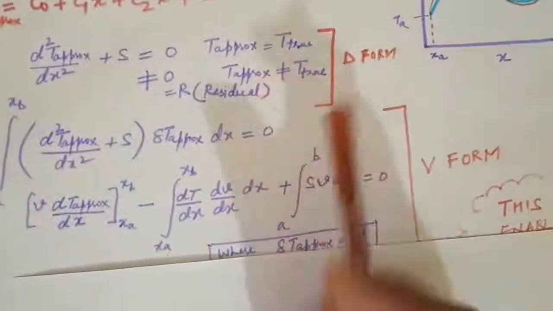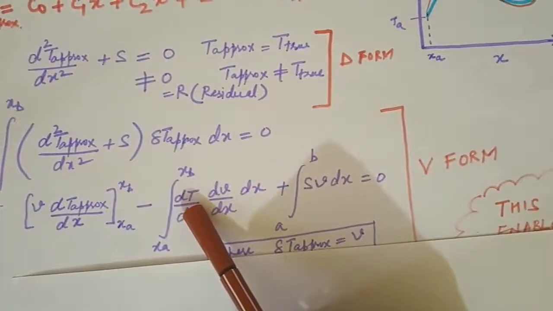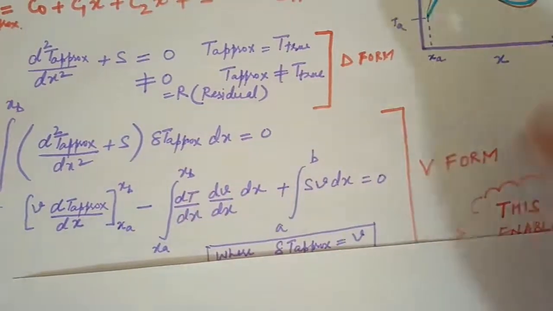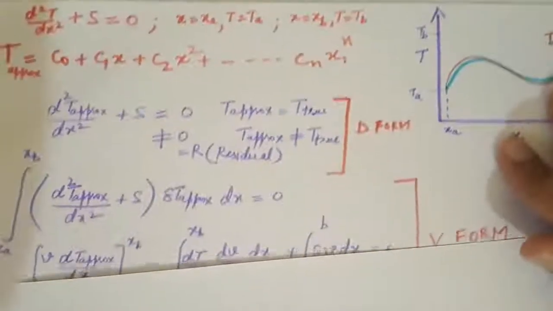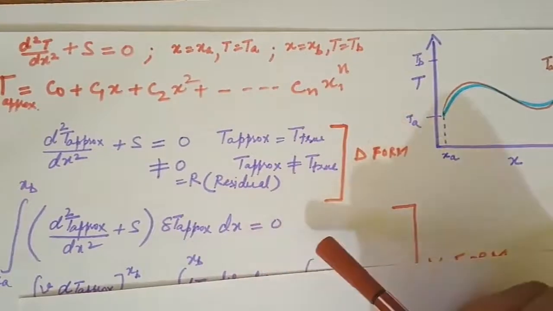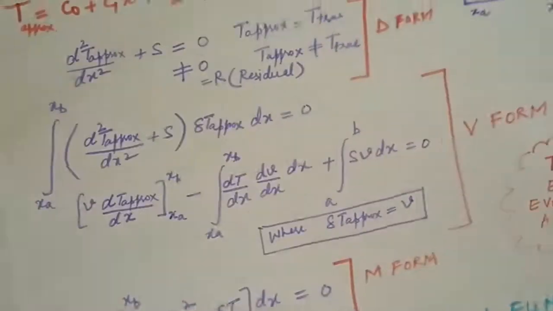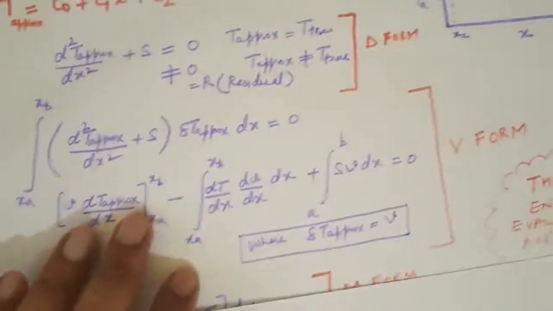But in this case, you only require it to be differentiated once. And moreover, even if you don't have the approximating function equal to the true function, you can still get a solution through this form, that is V form.